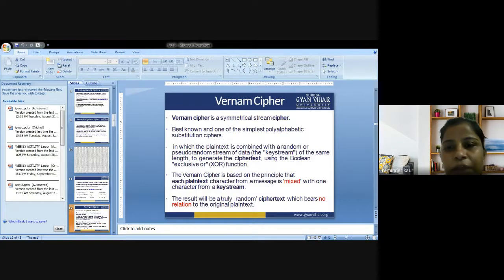The Vernam cipher is based on the principle that each plain text character from a message is mixed with one character from a key string. So the result will be a truly random ciphertext which bears no relation to the original plain text.